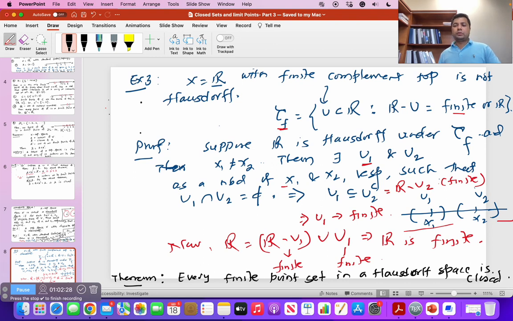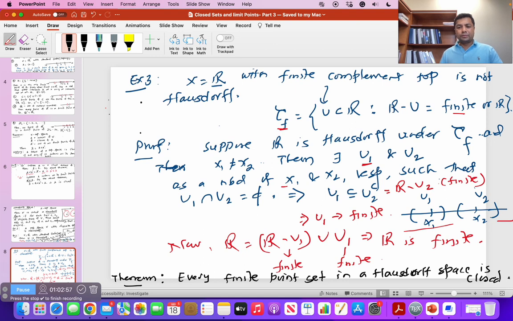So if you take a finite subset of a Hausdorff space, then that subset is going to be closed. This theorem is very useful to check whether a given subset in a Hausdorff space is closed or not. So if you take a finite subset of a Hausdorff space, then that set is going to be closed.